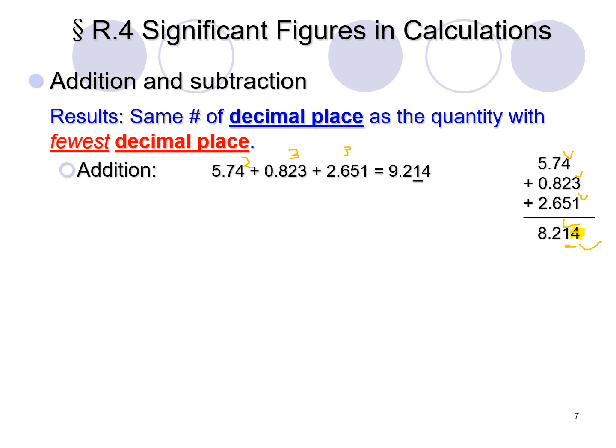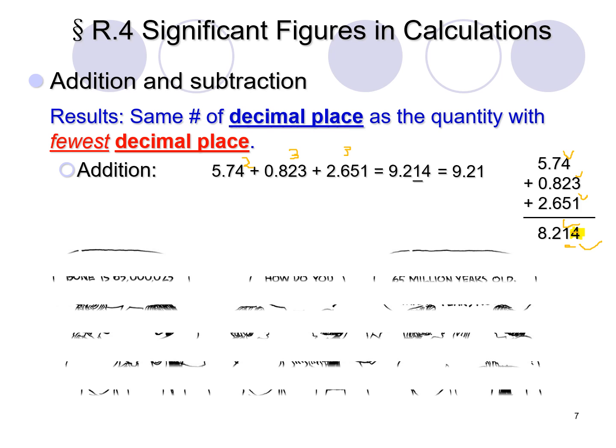What are we going to do with the 4? We round it off. 5 or higher, we round it up. 4 or lower, we round it down. That rule also applies to subtraction.